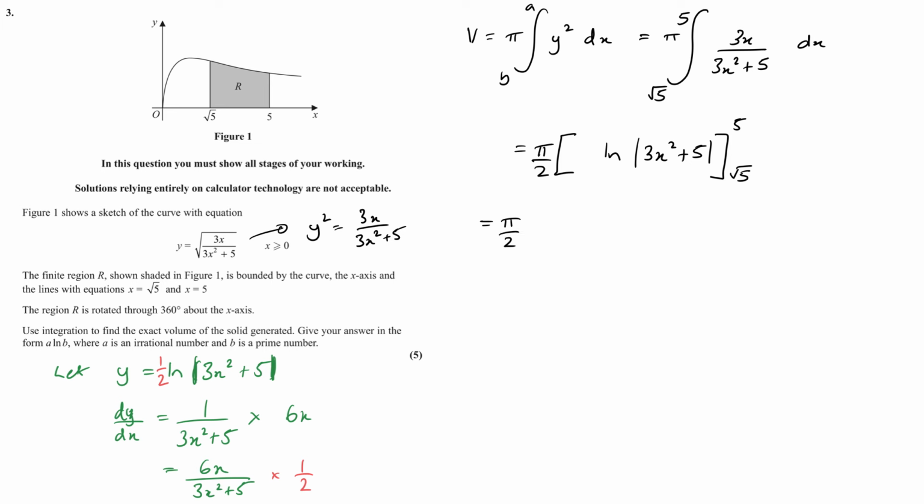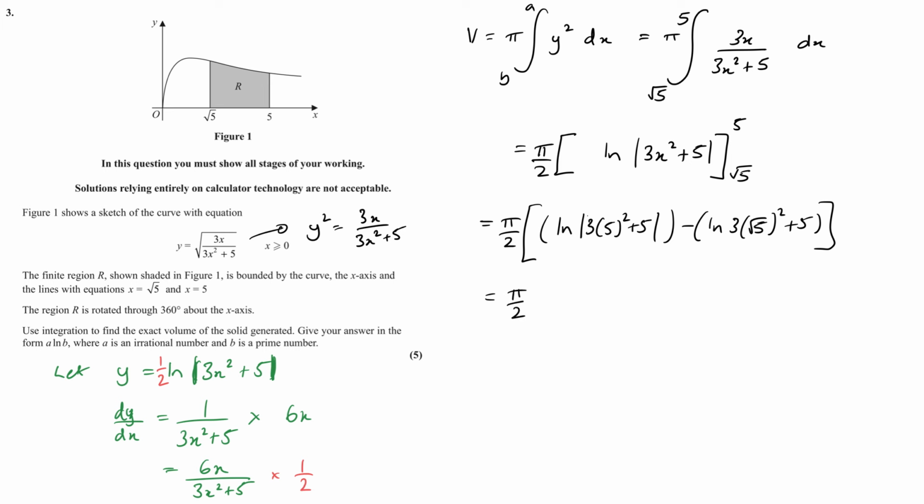So we get pi over 2, and then we've got ln, and it's 3 times 5 squared plus 5 minus ln 3 times root 5 squared plus 5.